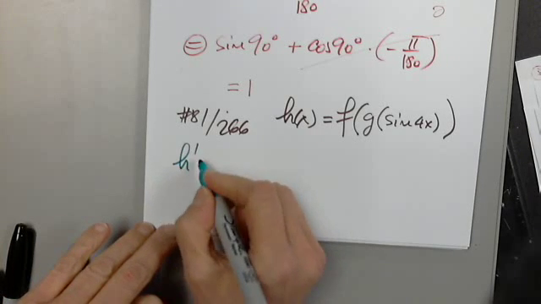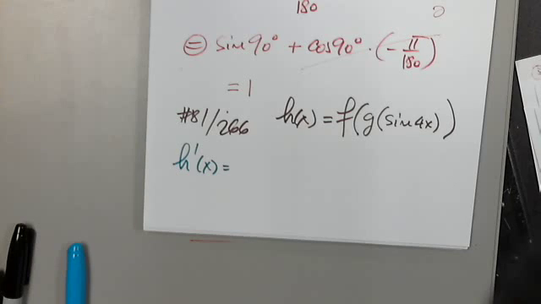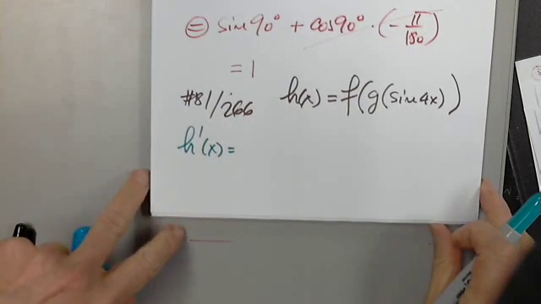So the question is, find h prime. We're not given f and g, and we're told just find h prime in terms of f prime and g prime. Any suggestions? Any ideas here?